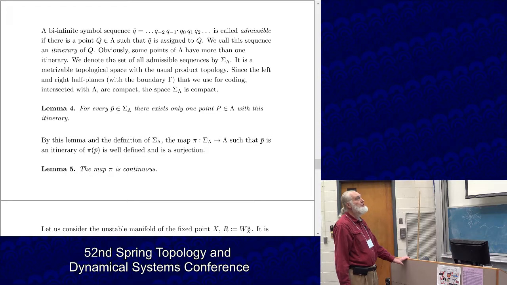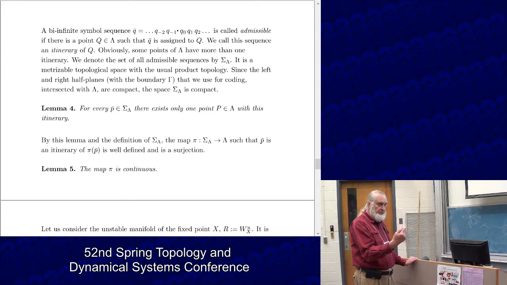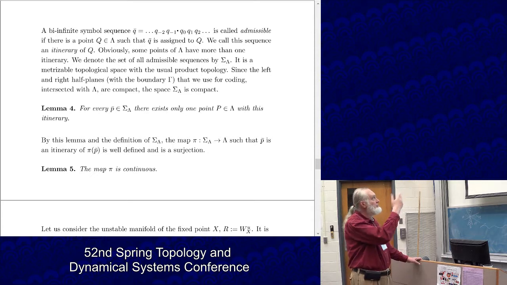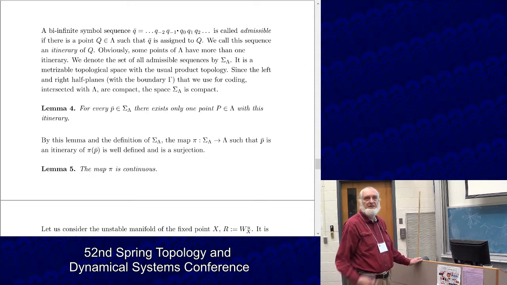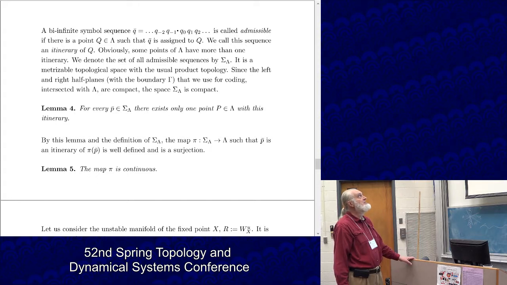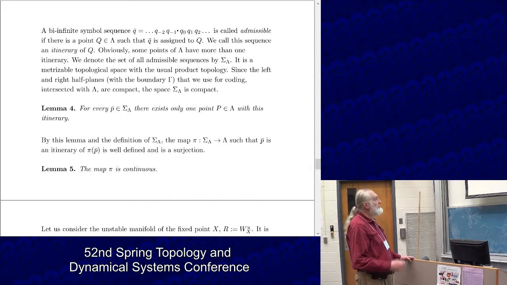And you have to prove, okay, you can go one way, which is obvious. You have a point, you look at its trajectory, you get a sequence. But you also have to prove that you can go back. So lemma 4 tells us that for every admissible sequence, there is exactly one point on the attractor with this itinerary.